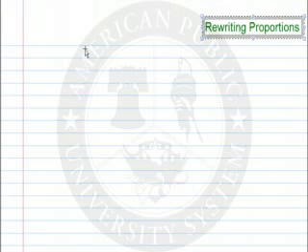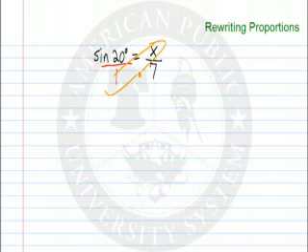Let's say we're solving a trig problem, and we've gotten this far. We're saying the sine of 20 degrees equals x over 7. And we've talked about completing this as a proportion so that we can use our cross products. And in this situation, we have x times 1, which gets the variable by itself, equals 7 times the sine of 20 degrees.